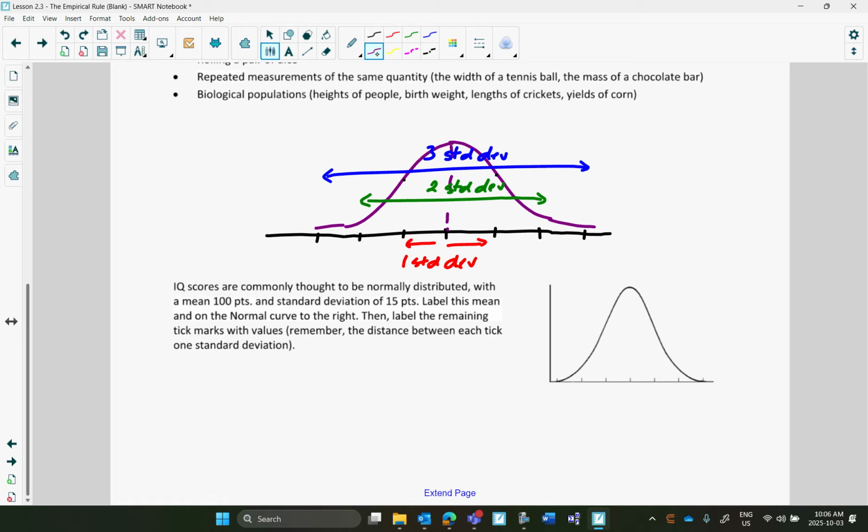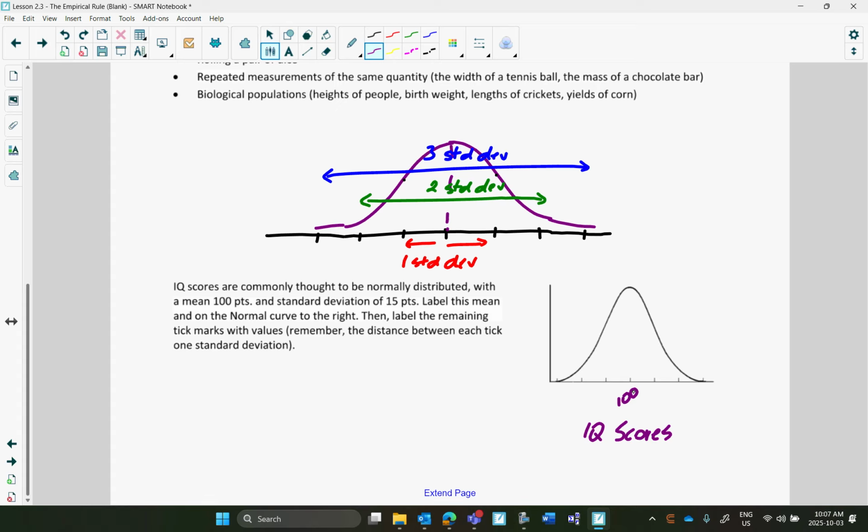First off, when we label a normal distribution, you need a label for your horizontal axis. In this case, we are measuring IQ scores. We know where the mean's located. What's its value here? 100.